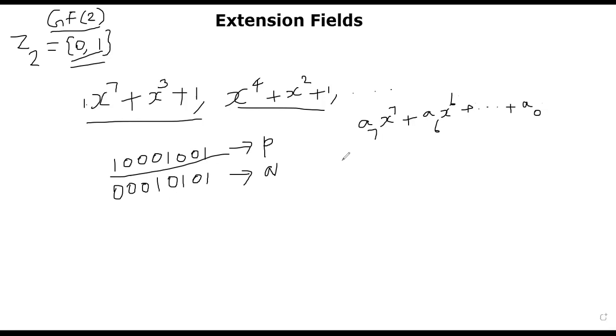So every polynomial we can view as a vector, a7 all the way until a0. So how many such polynomials will there be? If we assume the degree is at most 7, then there are 8 coefficients, a0 through a7, and each can be either 0 or 1. That means if you were to write all possible polynomials, you will generate 2 power 8 possible polynomials, which is 256. Okay, so there are 256 possible polynomials of degree at most 7.